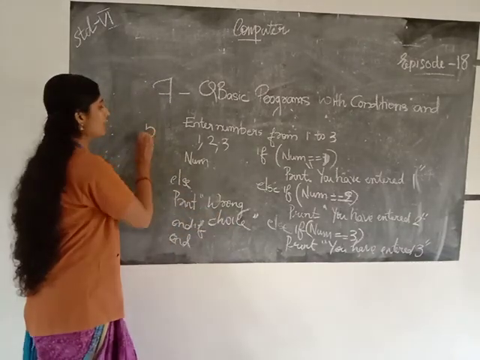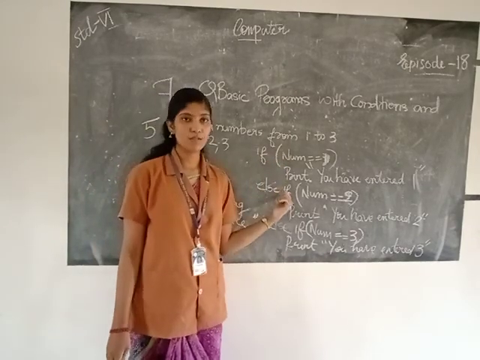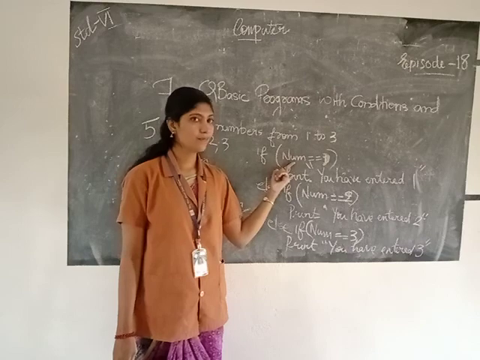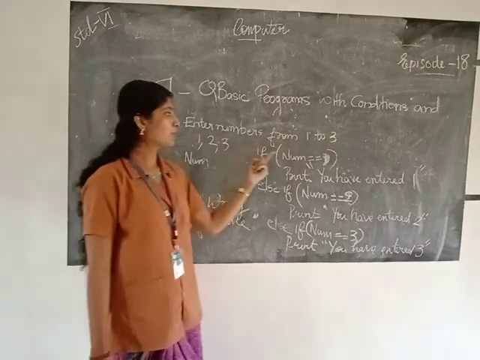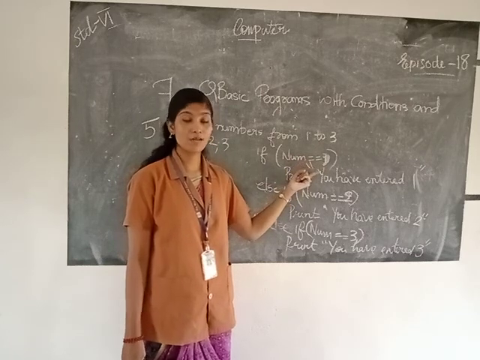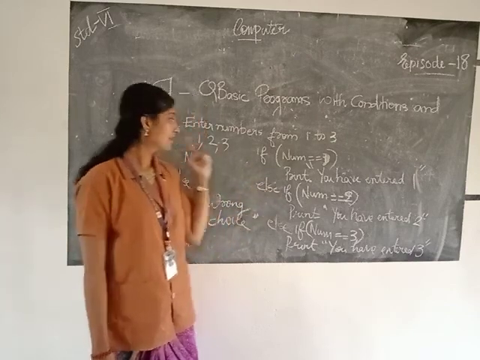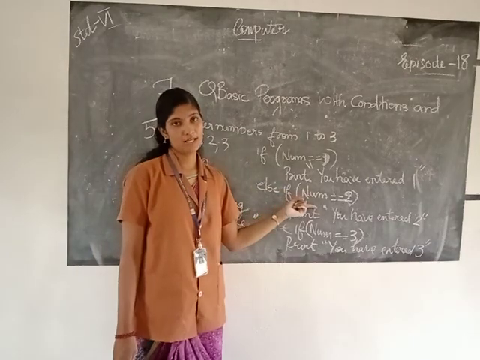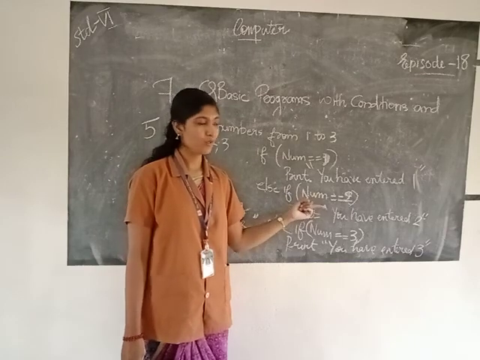That means if you enter number 5, the program controller will check each of the conditions. First, it checks number 1. So 5 equal to 1. Is it correct or not? No, because 5 is not equal to 1. Then it goes to the second condition. Check 5 equal to 2. Is it correct or not? No, because 5 is not equal to 2.